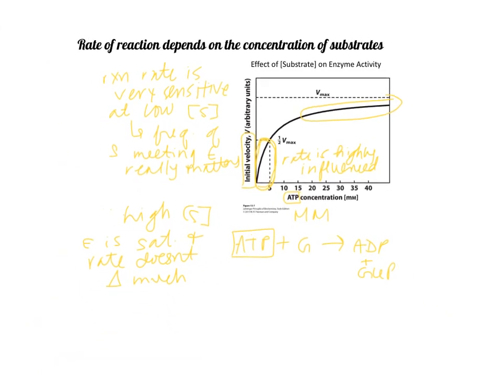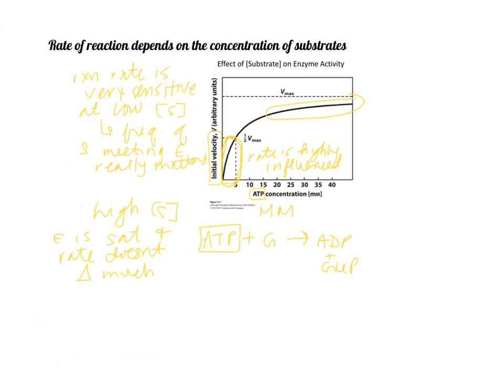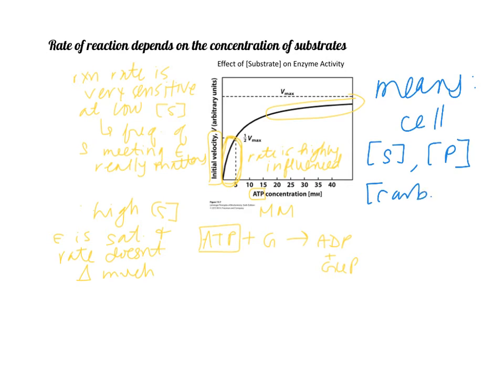So what does this mean for regulation? What this means is that in a cell, the concentration of substrates, the concentration of products, what we've been calling carbon intermediates, is always kept low.